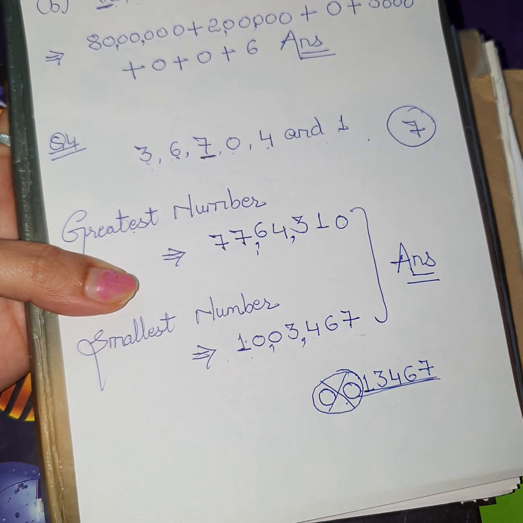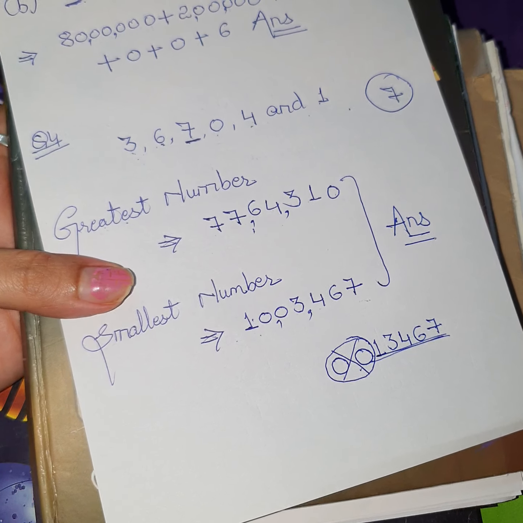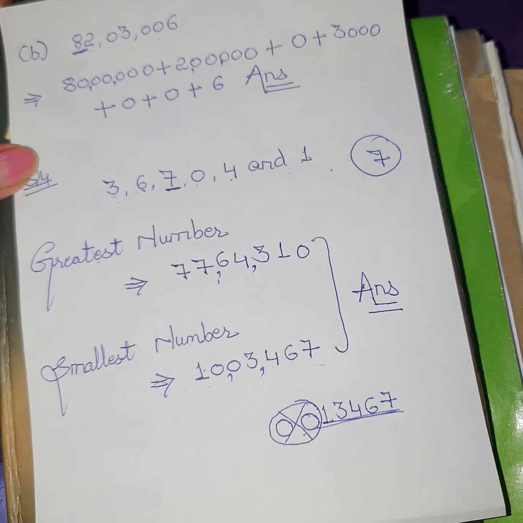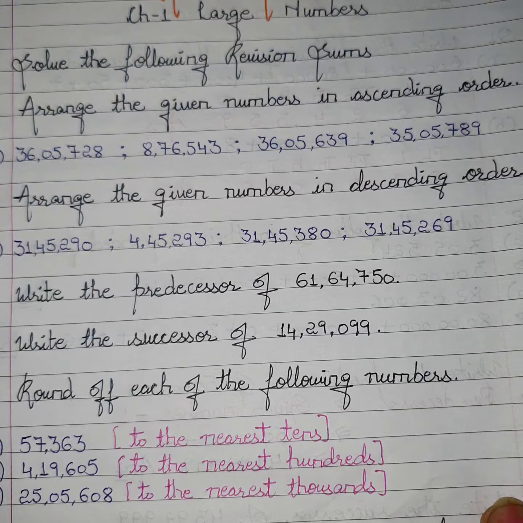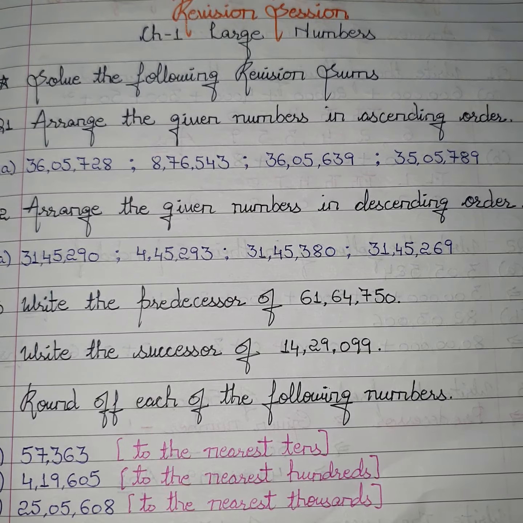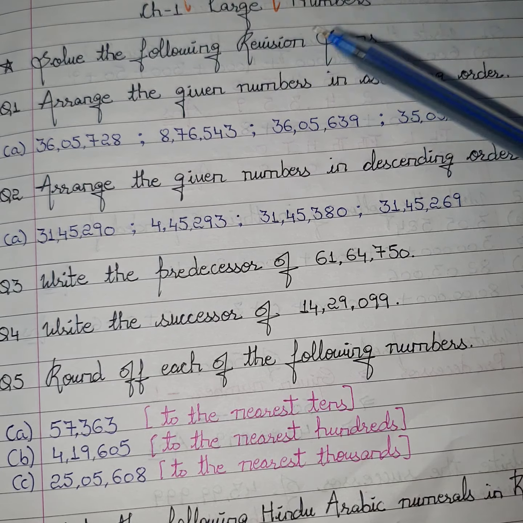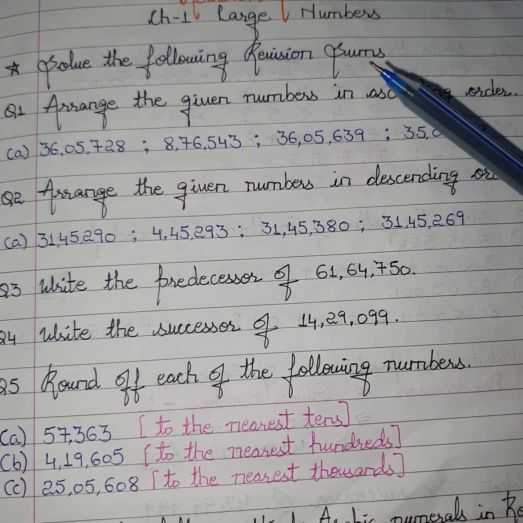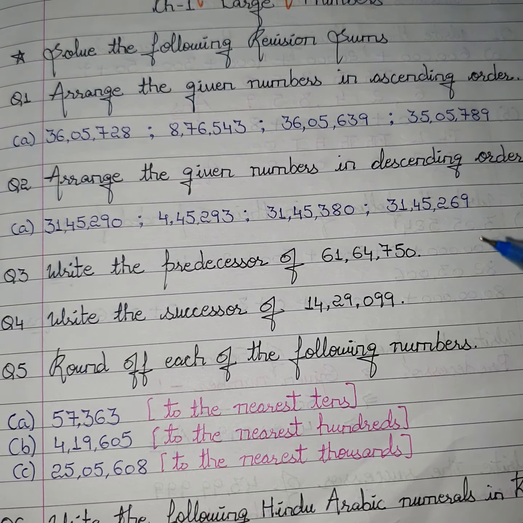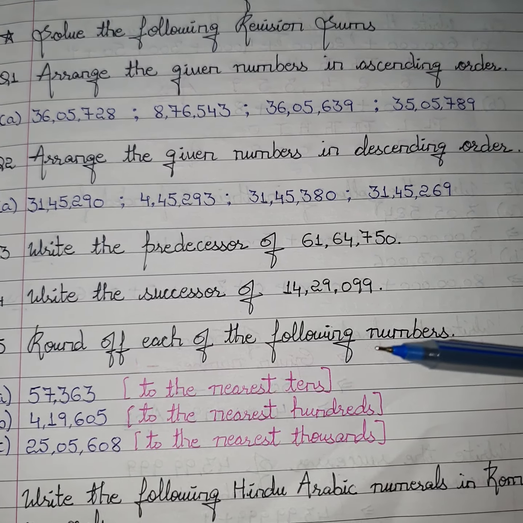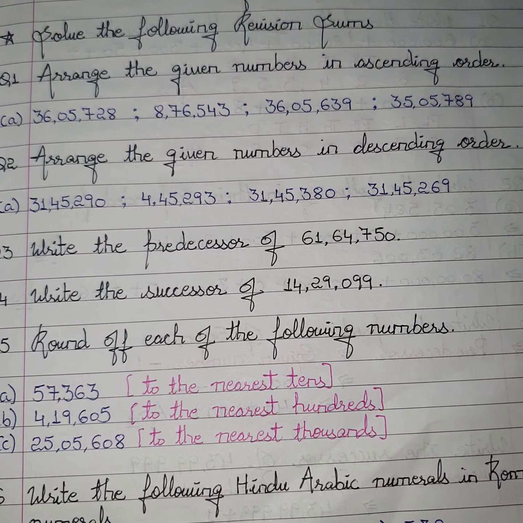Okay students, so here I have given you all the solutions of your revision work of chapter number 1, which I gave you on Tuesday. Now, today I am giving you some more revision sums related to chapter number 1 only, which you have to solve, and the answer key of these I will give you in my next video.